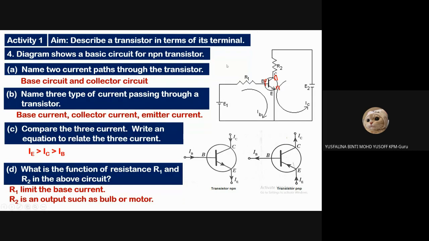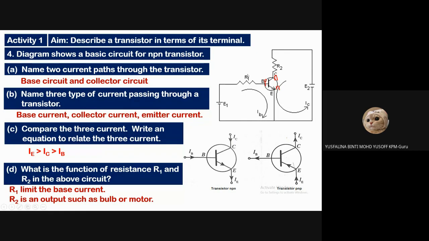Remember I said even small changes in the base current can increase the current a lot. So that's why we need the resistor, so it can control the current flow. This is the function of R1.